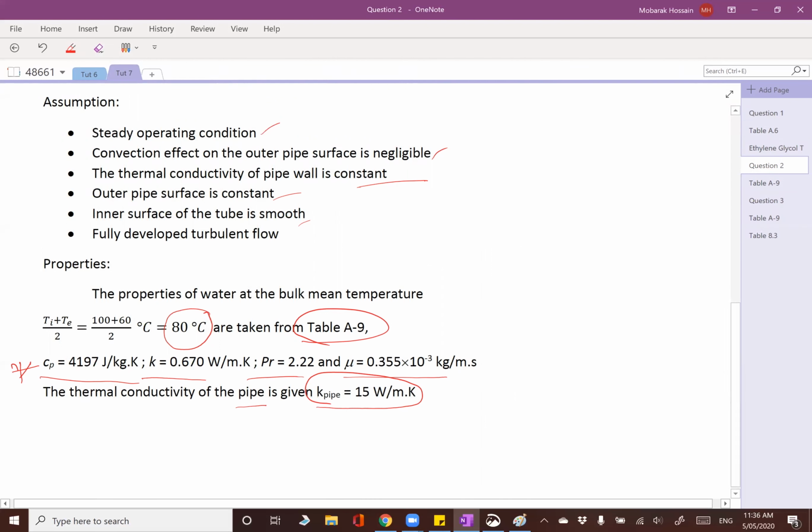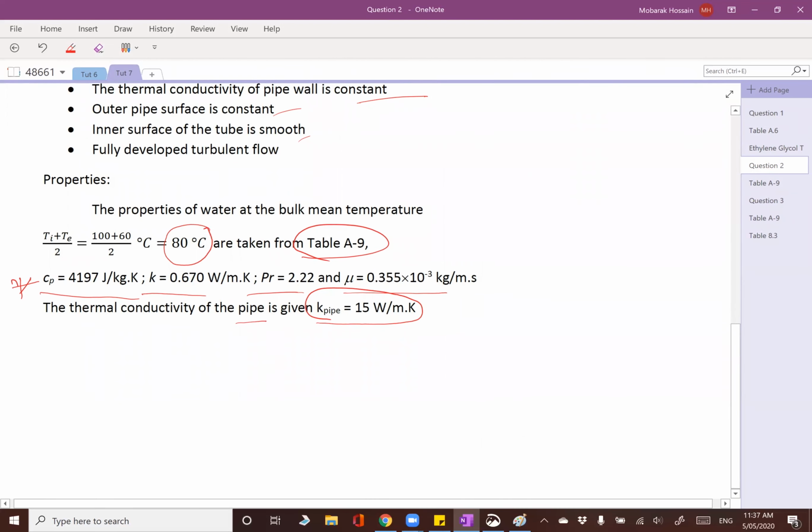Okay, now we'll calculate the Reynolds number. It is 4 times the mass flow rate divided by pi times the inner diameter times viscosity.